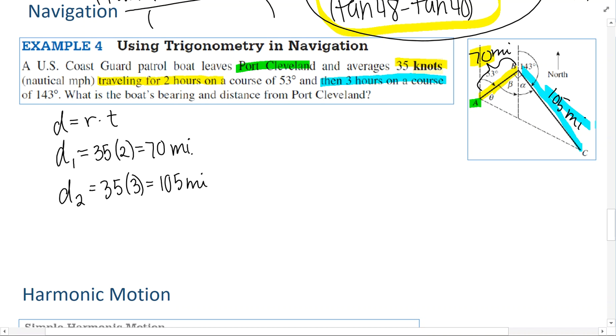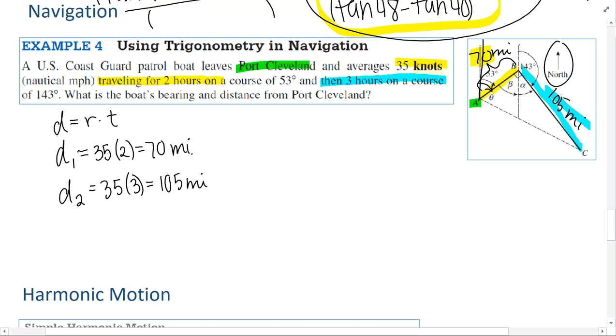Okay, so what that gives you is the legs of a right triangle. But if you're wondering how this is a right triangle, let's talk about those angles now, the bearing. The bearing depends on where north is. It tells us north is going that way. So if north is going this way, the bearing is 53 degrees in our first course. We're going 53 degrees from north.